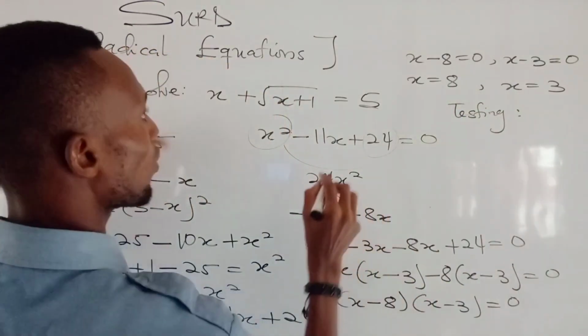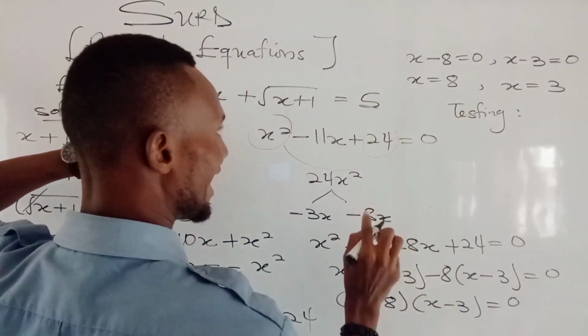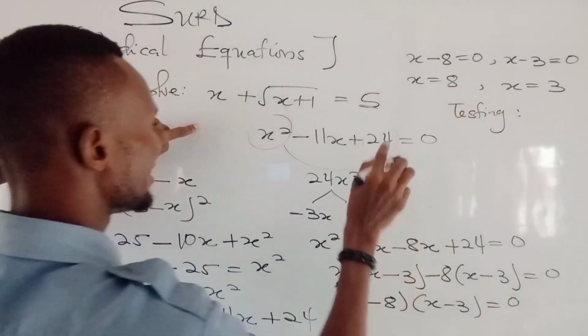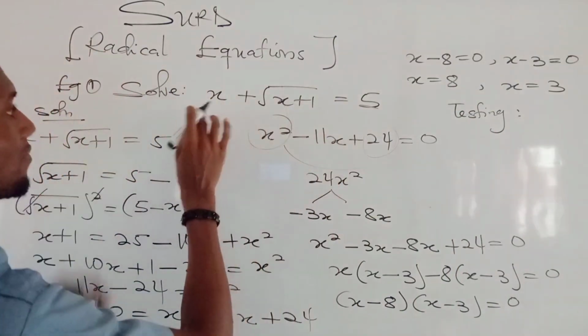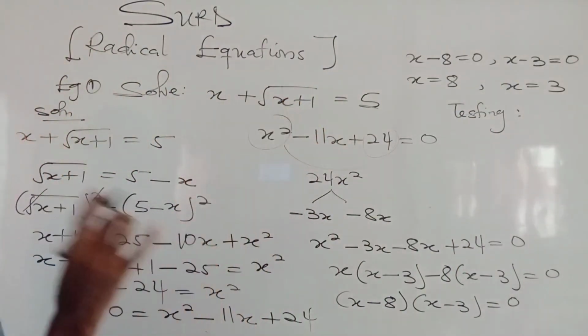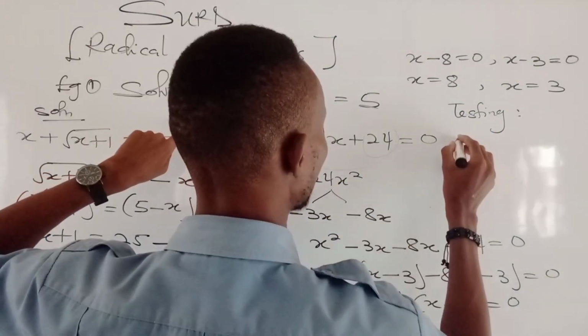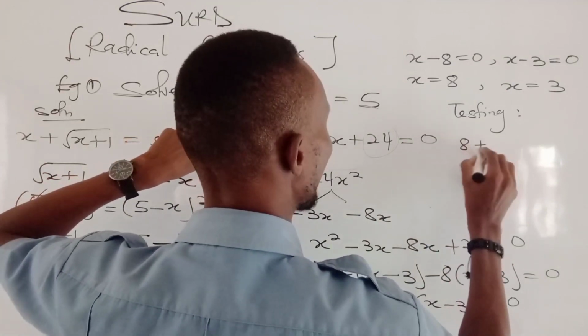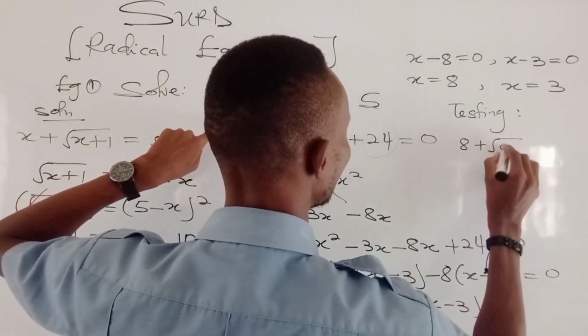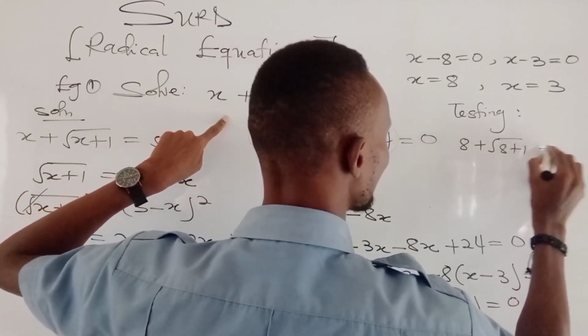Okay, so now when my s is equal to 8, let's start with s equals 8. It means that wherever I see s in this equation, I'm going to put 8 there. So I'll have 8 plus square root of 8 plus 1, which is supposed to give us 5.